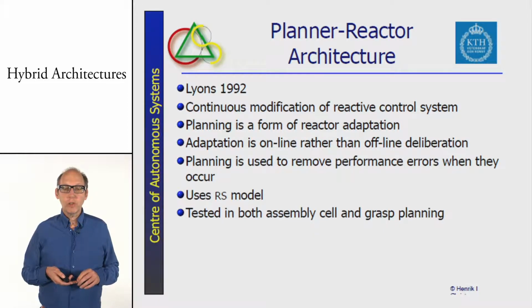So this was tested not on chairs but on assembly cells, where they learned to grasp different objects. And there you can see how it looks. You can even start doing some planning of where to grasp it, but how heavy an object is and how the weight is distributed, you cannot know, and that was actively adapted by the Planner-Reactor Architecture.